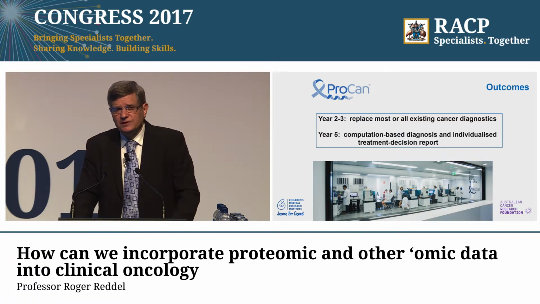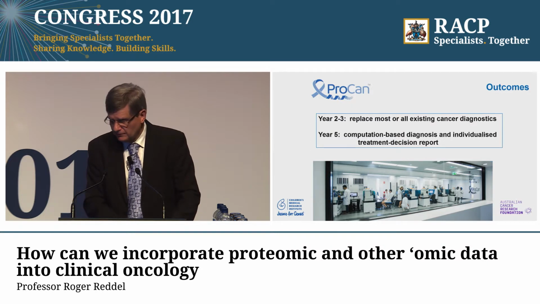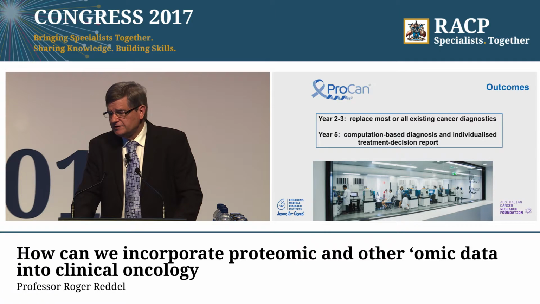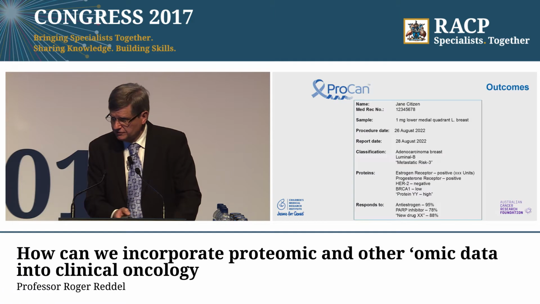We can measure many thousands of proteins simultaneously, and the immunohistochemistries which are in current use should be quite readily replaced by quantitative measurements from the mass spectrometers. And then when the database has been built to a sufficient size, we should be able to use computation-based both diagnostic and individualised treatment decision making for each individual patient.